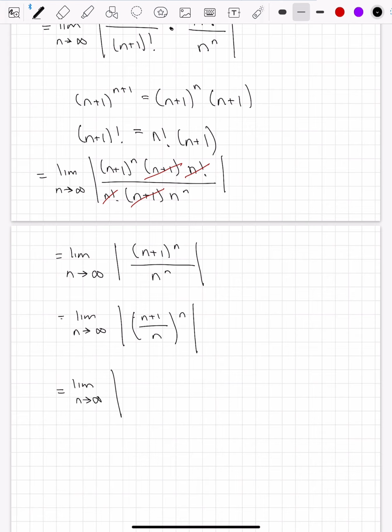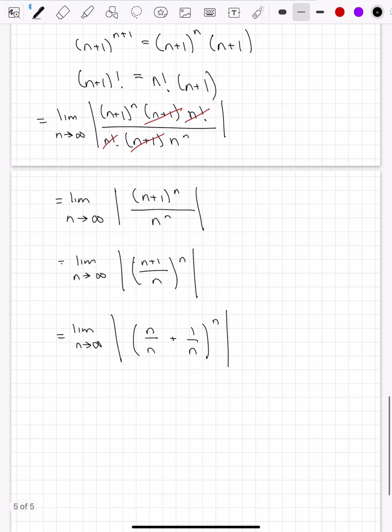Right, now we can split this fraction up, so let me write all the steps out. What I would get is n over n plus 1 over n, all to the n. And then I know that this equals 1 plus 1 over n, to the n. And then what in the world is the limit of that?